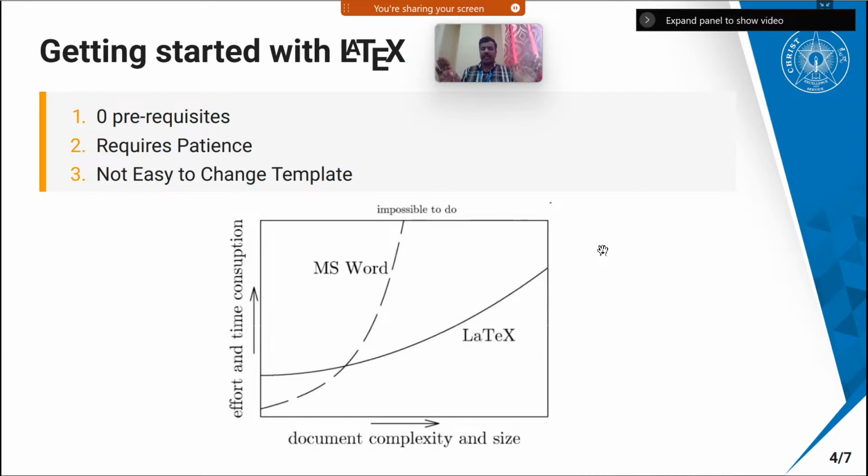Text Studio you download and install directly; you get an installer. TechLive you get as an ISO file, unzip or mount it, then double click on the exe file or bat file, and the installer will start. So these two softwares are required for you to work on LaTeX in offline mode.